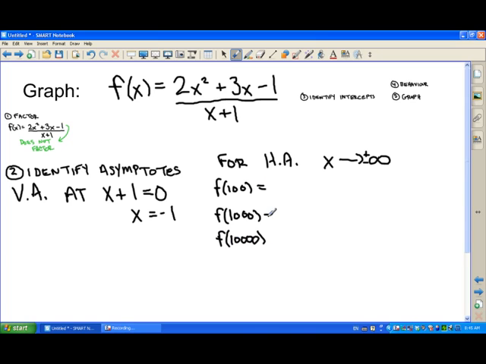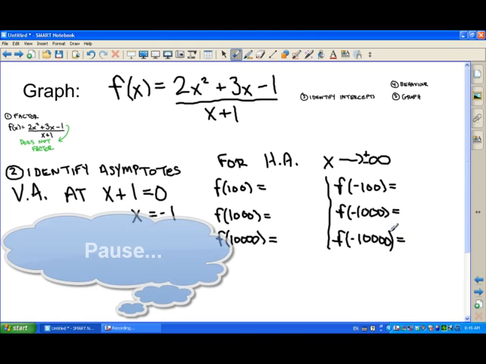And we can see what we get. We can see if our function is approaching something. And we can do the same thing for values that are approaching negative infinity. So we can test negative 100, negative 1,000, negative 10,000. So why don't you try that on your own?